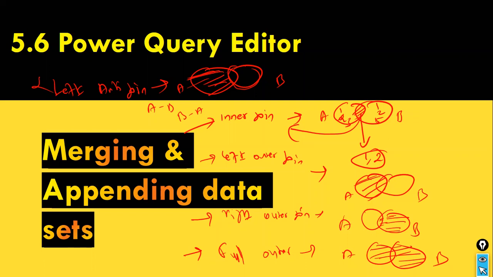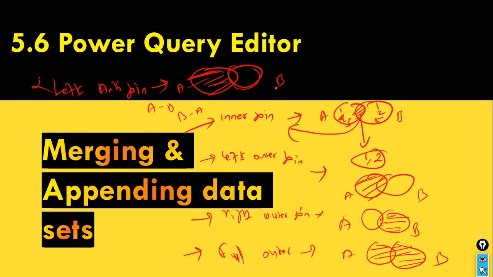See, left anti-join is all the values from A, but excluding B and the common values of A and B. That is your left anti-join. And the right anti-join is the opposite.